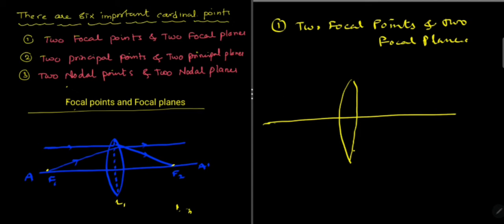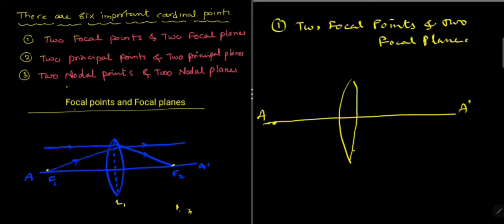Now on this principal axis we give the names A and A dash. The point at which a ray is incident on the lens and after refraction produces a parallel beam of light: see here, this is the one point I will consider on the principal axis.